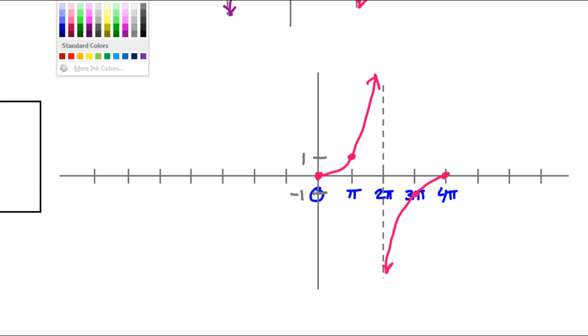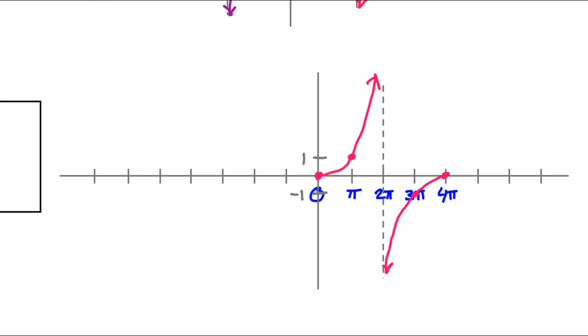Okay, now I'm going to do the same thing going over to the left. So if this is 0, I'm just going to have a negative pi, and then negative 2 pi, and negative 3 pi, and guess what? Negative 4 pi.